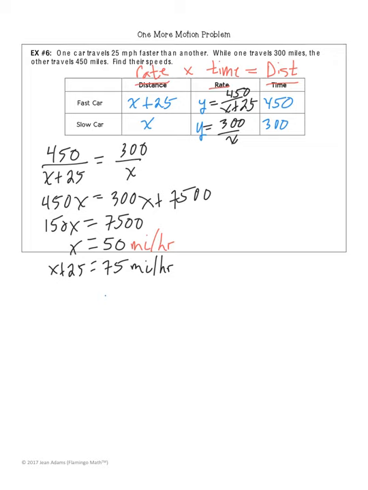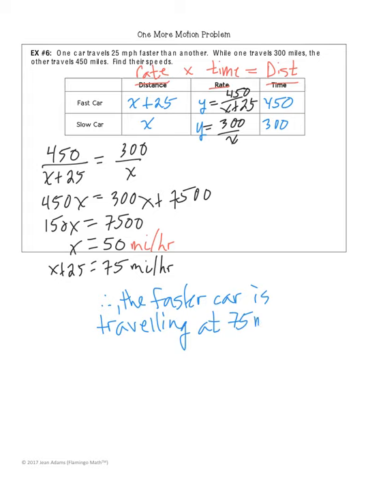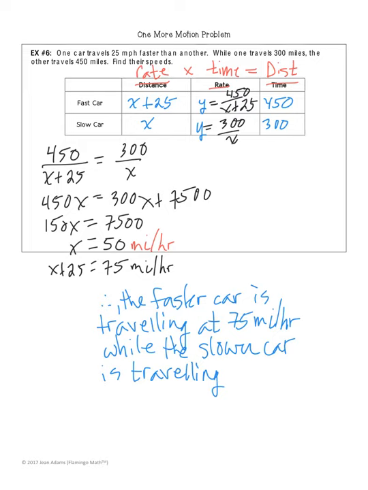So therefore, the faster car is traveling at 75 miles per hour, while the slower car is traveling 50 miles per hour. And we're done.